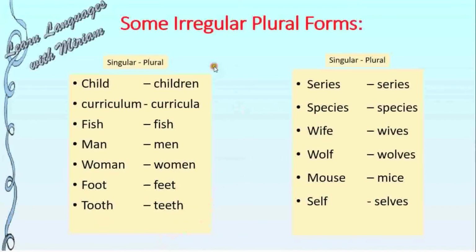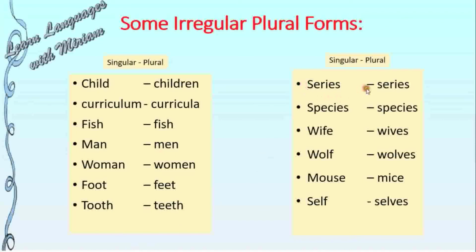Here we are going to see some irregular plural forms. Let's see each one. Child, children. Curriculum, curricula. Fish, fish. Man, men. Woman, women. Foot, feet. Tooth, teeth.